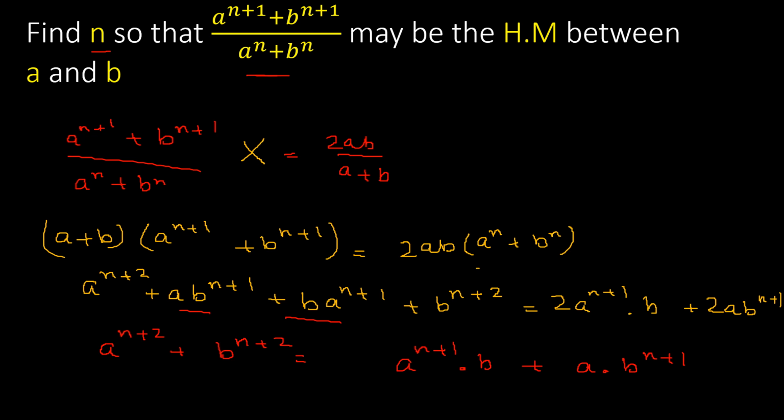Now we take the highest power of a to the same side, so we take this term to the other side, and this term to the other side. Okay, so what do we get here? We get a raised to power n plus 2 minus b a raised to power n plus 1 equals a b raised to power n plus 1 minus b raised to power n plus 2.